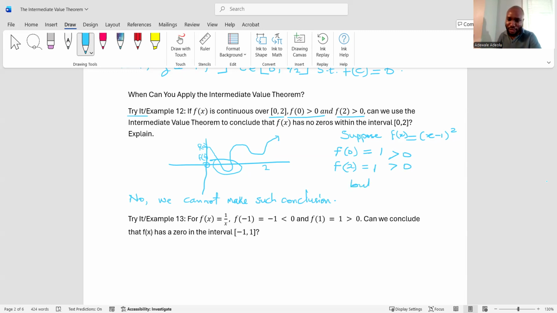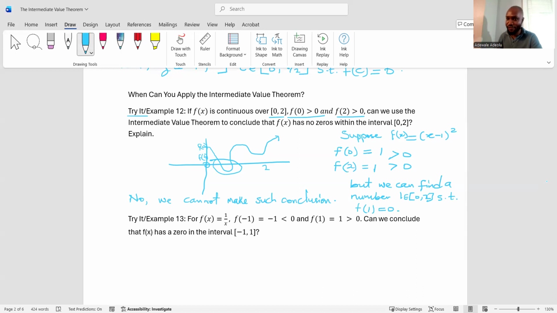But we can find a number 1 that is inside that [0, 2], such that f of 1 is 0.